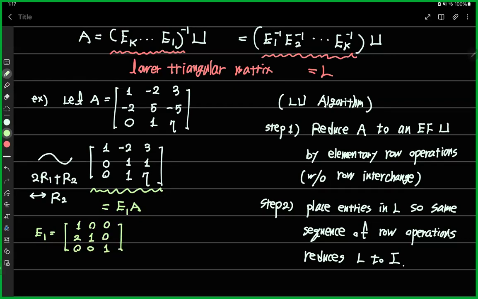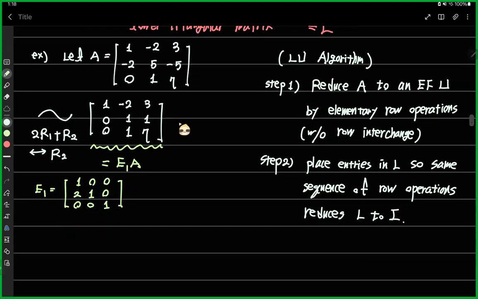Because we applied that elementary row operation to the identity matrix. So we take 2 times the first row and add it to the second row. So we got this. Okay, E1. The next one is what? Here, I didn't apply the step 2 yet.